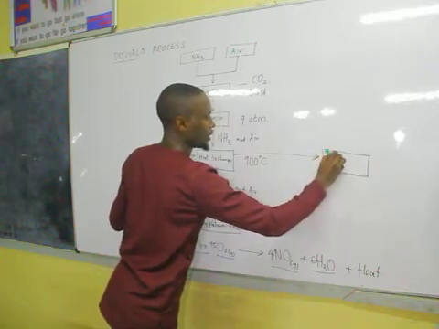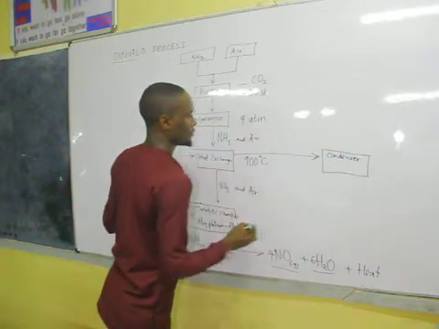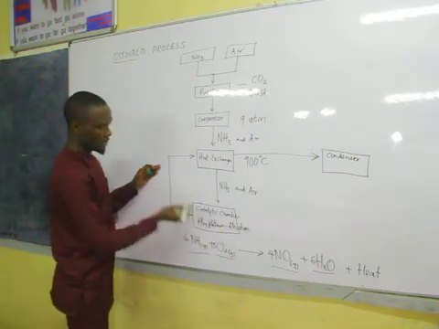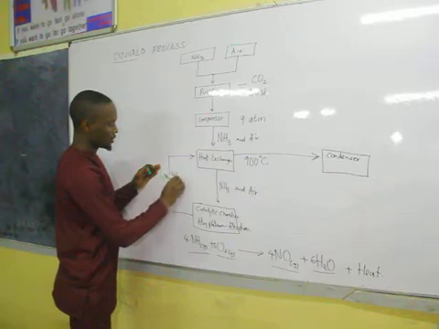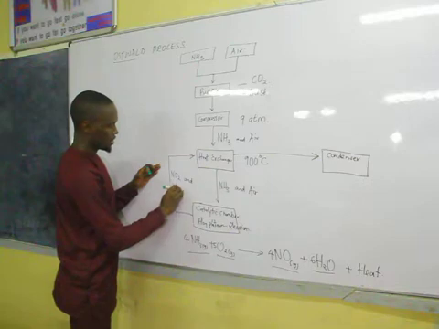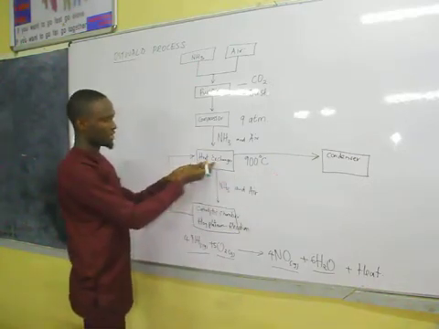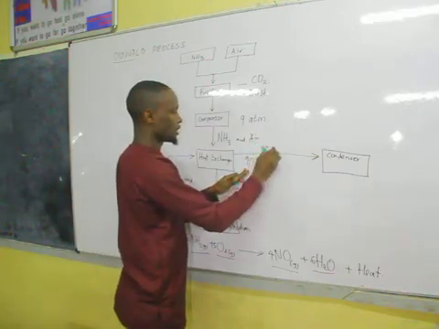I will call it the condenser. So nitrogen 2 oxide and air are taken to this chamber, but through the heat exchanger.